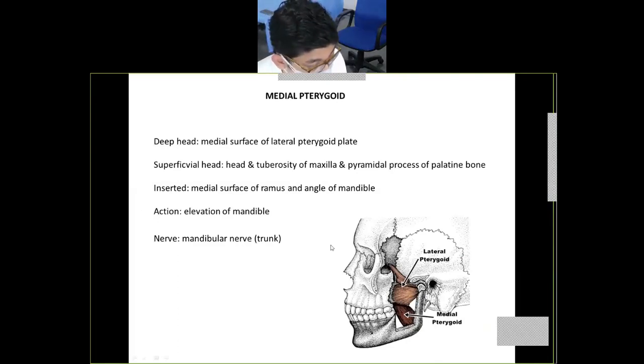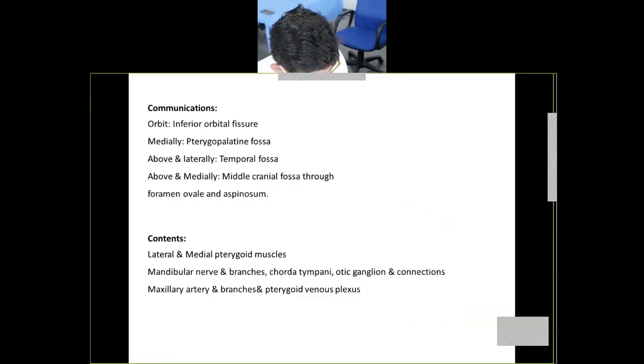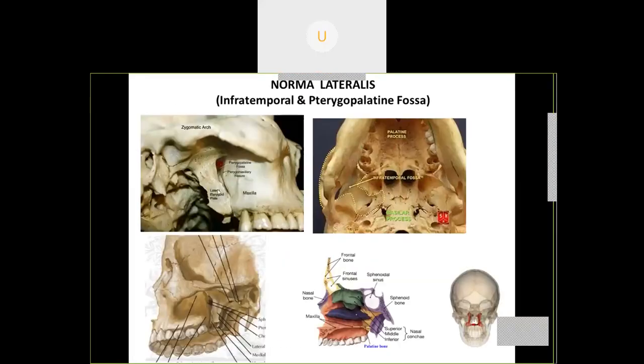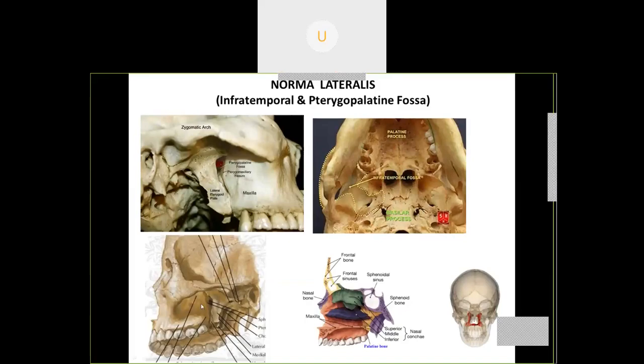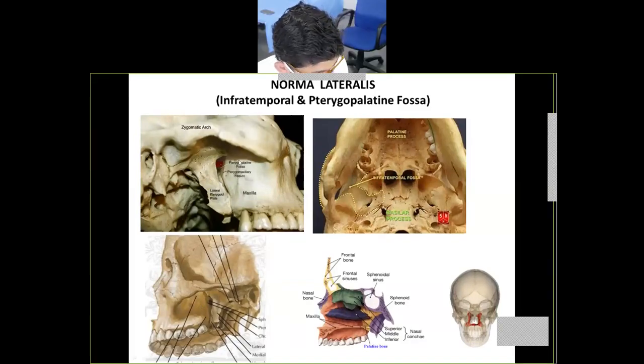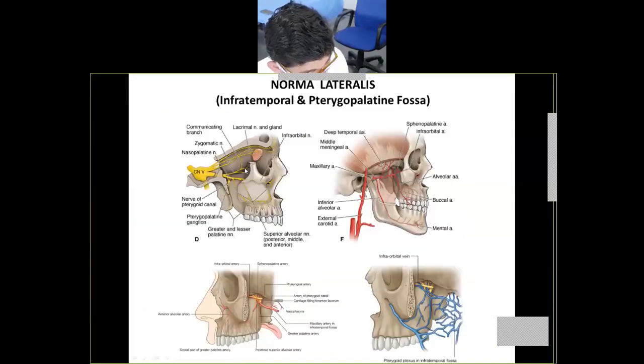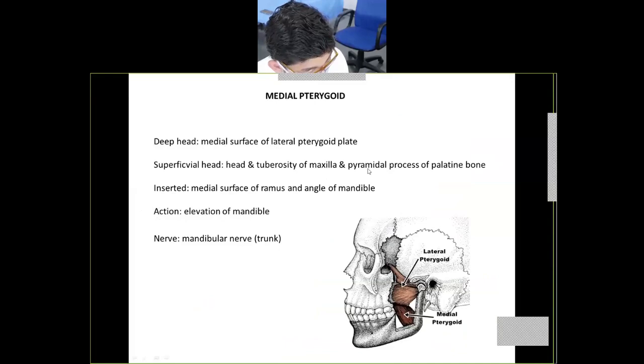There is a superficial head which comes from the tuberosity of the maxilla. Can you see this protrusion over here? This is the tuberosity of the maxilla. So the other head comes from the tuberosity of the maxilla.